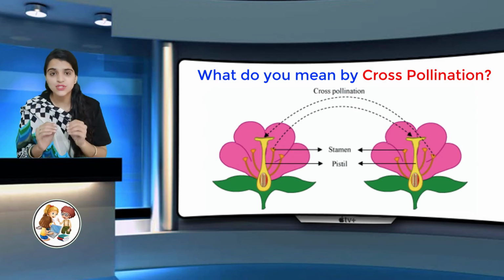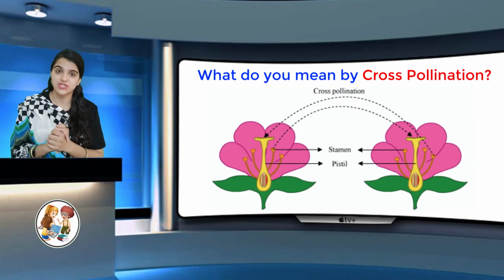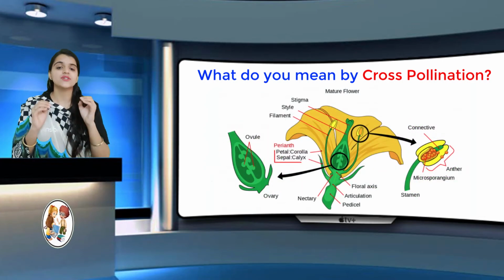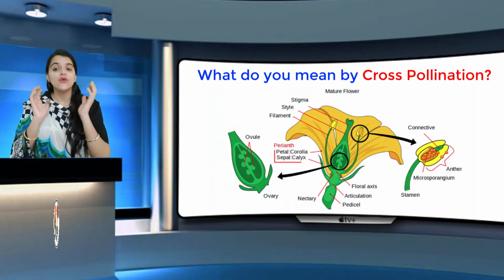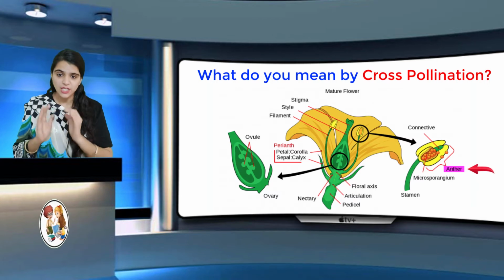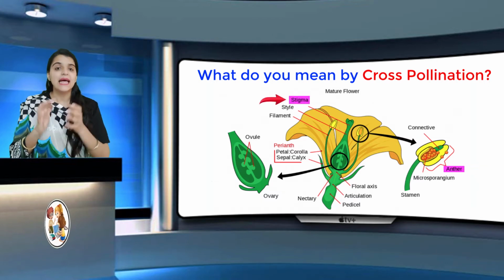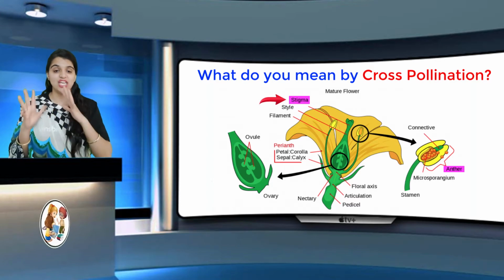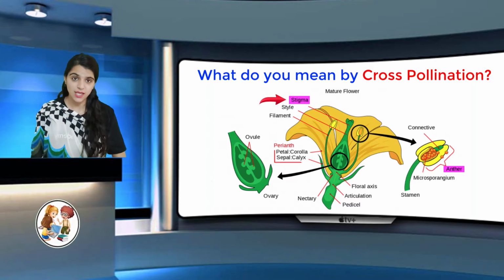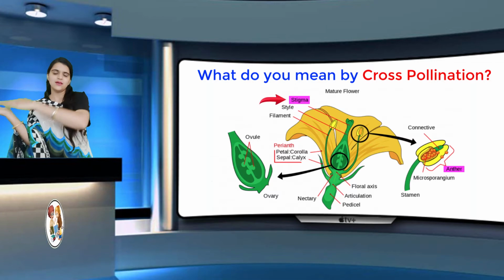Students, cross pollination refers to a type of pollination that allows the transfer of pollen grains from the anther of a flower to the stigma of another flower. This method leads to an increase in genetic diversity because the pollen has to travel a long distance.